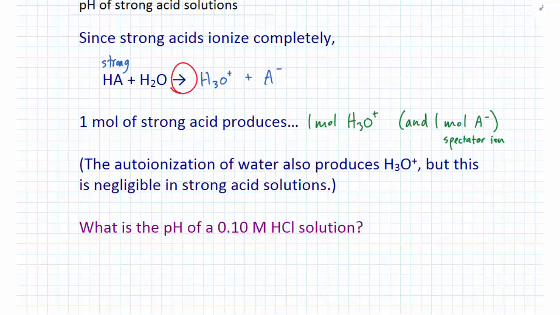For the pH of a HCl solution, HCl is one of our strong acids, so we could say HCl is 0.10 molar, but what more importantly is also 0.10 molar is the hydronium.